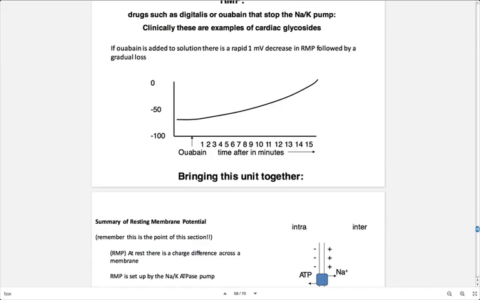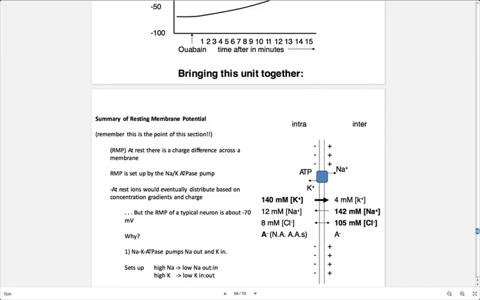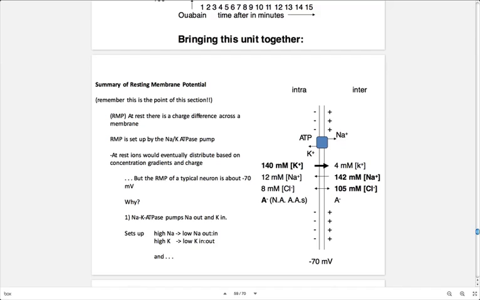Here is just a summary slide of ions and movement. This is more for your convenience. I think that I've said this throughout the course, so it's just a summary of where everything is. We are inside the cell, and these are just our generic values, so these aren't exact.